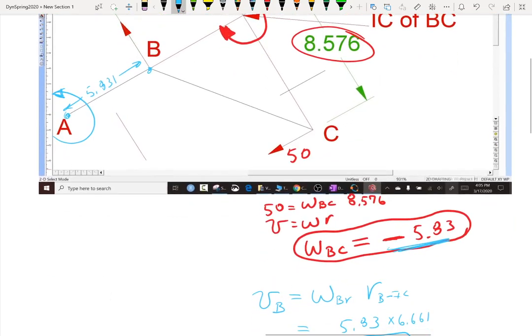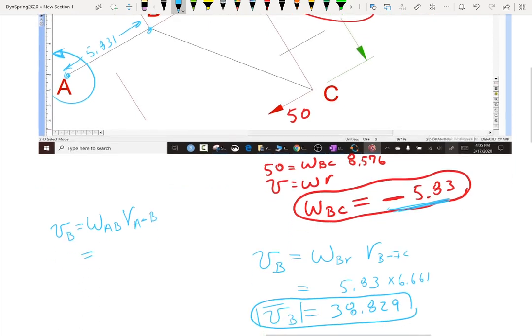So this means if you're looking at velocity of B equals omega AB times R from A to B, which this time would be 38.829 equals omega AB, which I don't know, times 5.831.